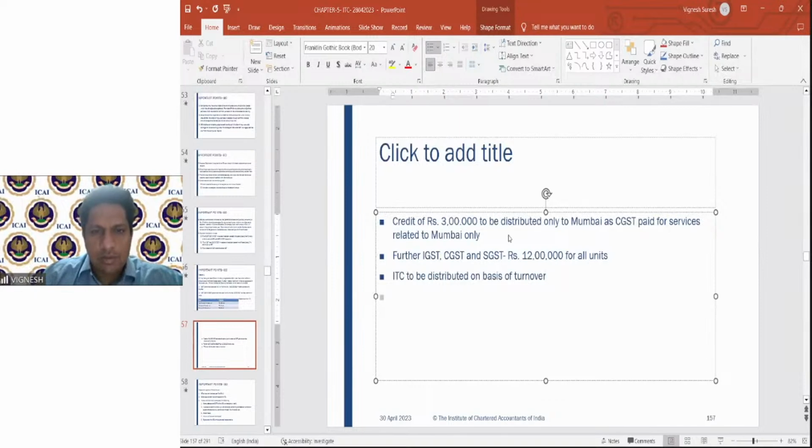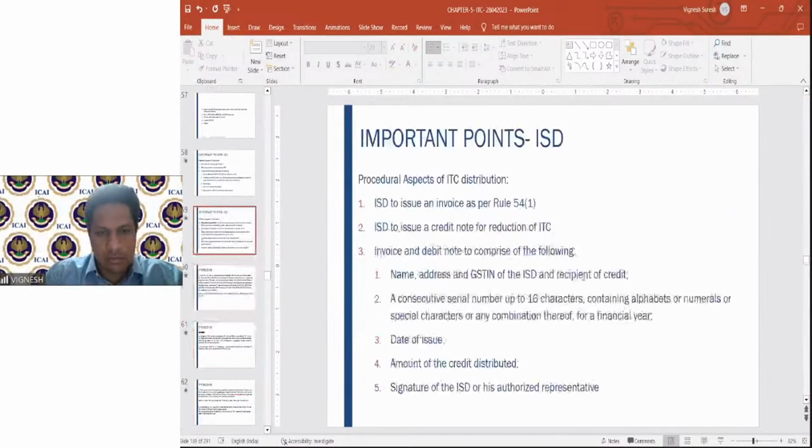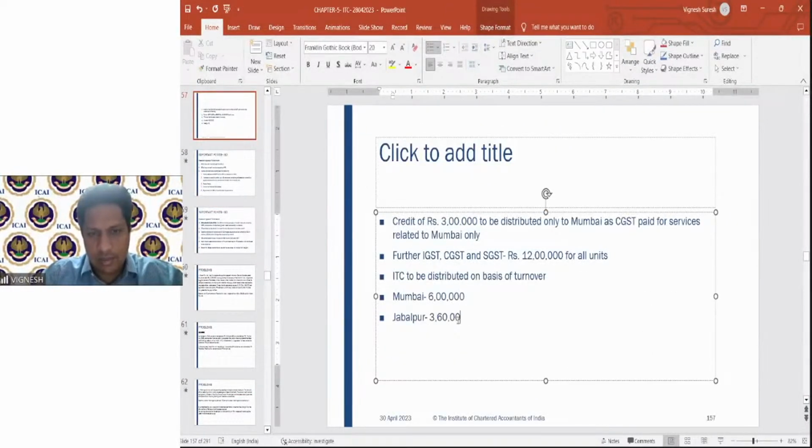So what is the total turnover here? Total turnover of all the 3 units is 10 crores. Mumbai 5 crores, Jabalpur is 3 crores. Fine. So 5:3:2. Mumbai is 5 by 10 into 12, which is 6 lakhs. Jabalpur is 3 by 10 into 12, which is 3,60,000.